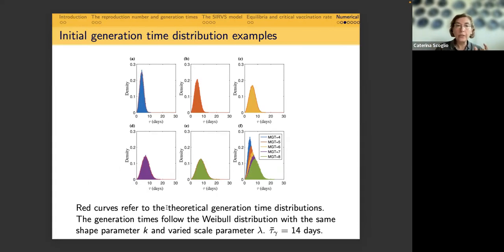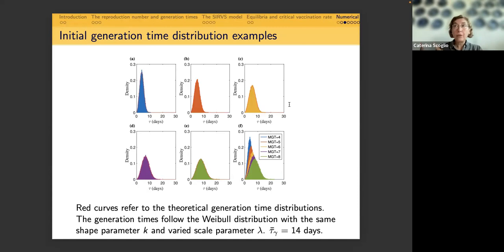What we did, we defined several curves, these red curves that are on top here, and they are the theoretical generation times that follow a Weibull distribution with different parameters. Then from this Weibull distribution, this theoretical generation time, we derived the value of the infectiousness profile.